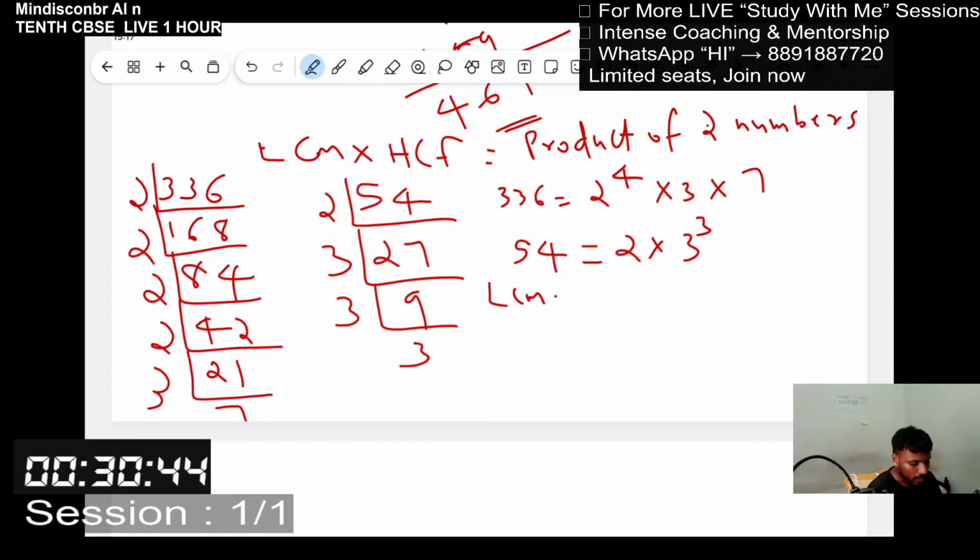LCM, what is the full form of LCM? Lowest common multiple. But here we have to take the opposite of that, that is the highest in all prime numbers. We have to include all the prime factors of both the numbers.